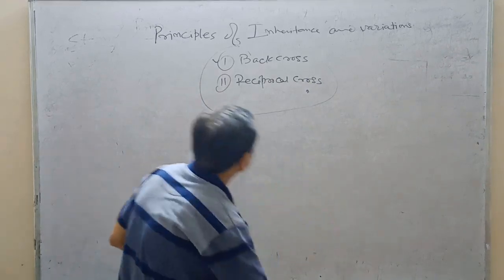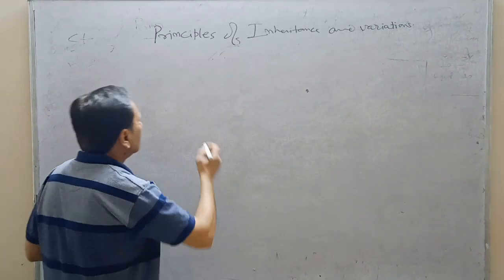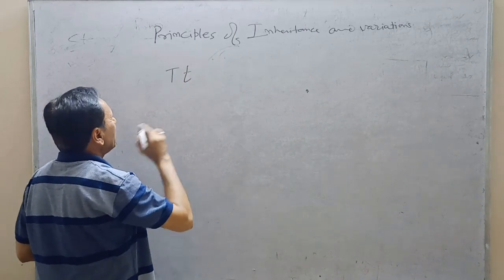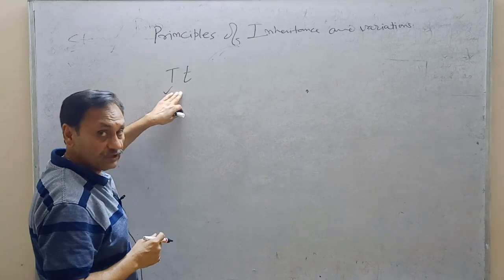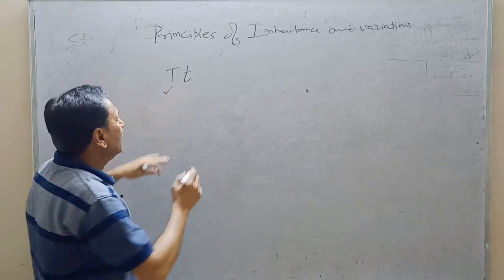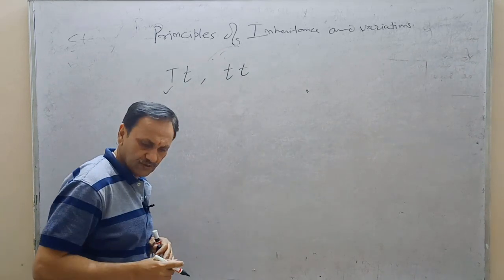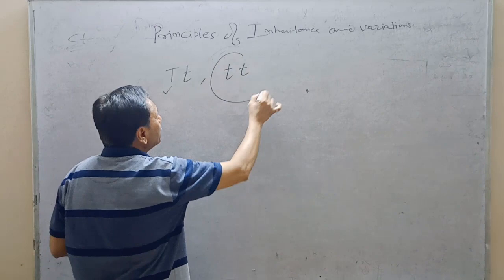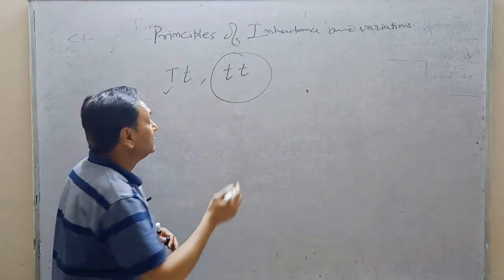Suppose this is heterozygous, not homozygous, and this one is homozygous recessive. If you want to improve this recessive to dominant, then what happens?